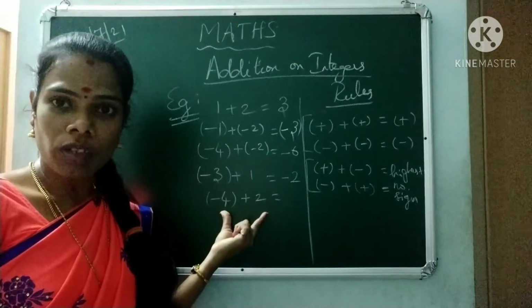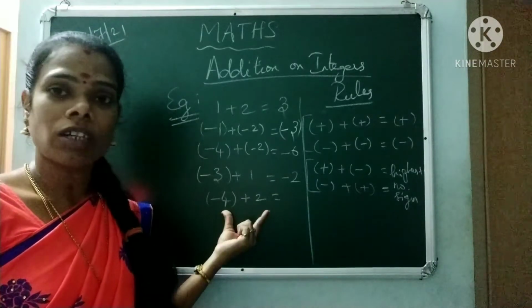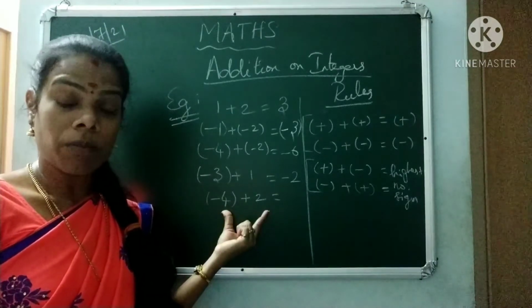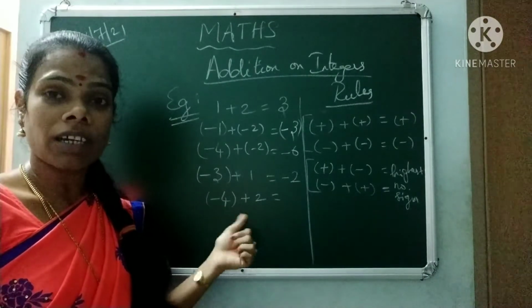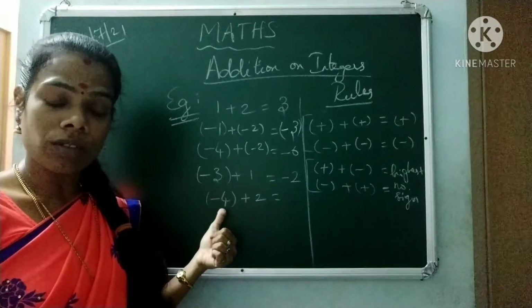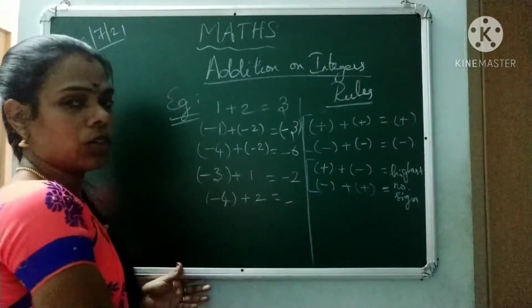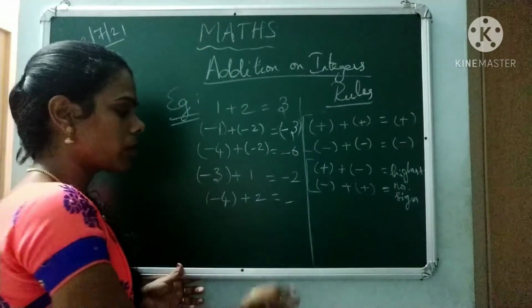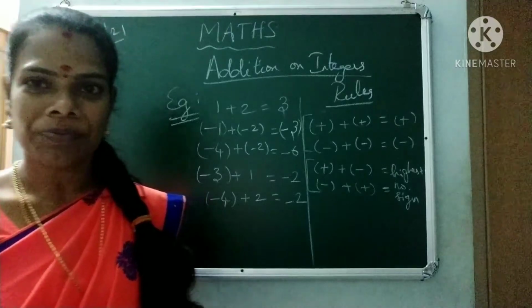Look, they are different signs of integers, so you have to take subtraction. Before that you have to put the sign. What is the greatest number here? The greatest number is 4, and its sign is negative, so your answer is also negative. Then take subtraction: 4 minus 2 is 2. So your answer is simply minus 2.